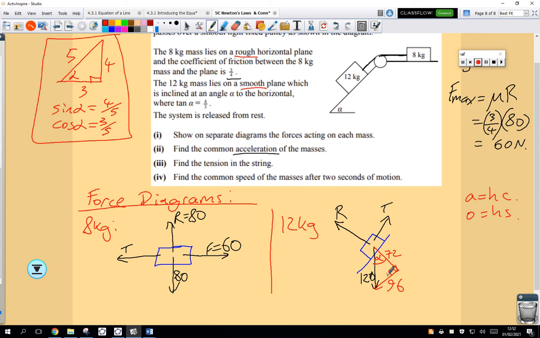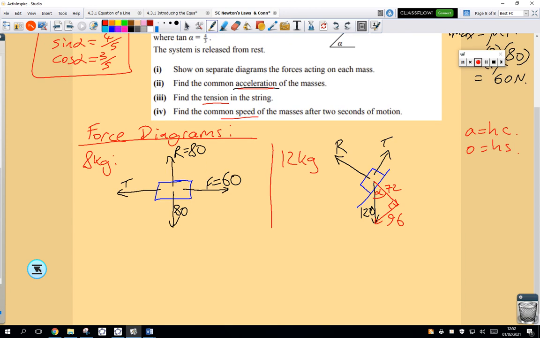Now my next thing is to come up with my force equations based on those force diagrams, work out acceleration, work out tension, and then use my master equations to figure out the speed. Okay, acceleration will be constant here because the tension is constant. So that's what we're looking at.